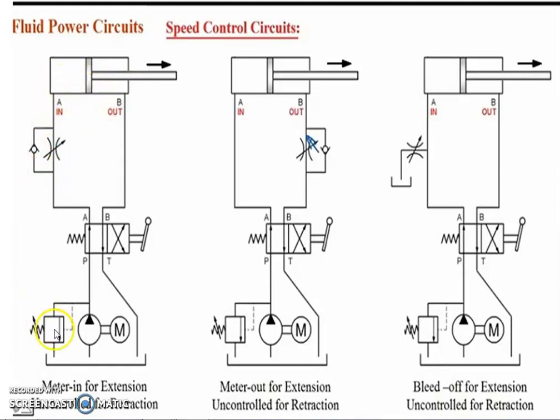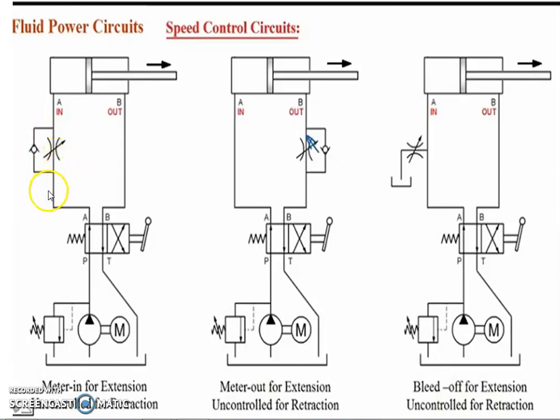So this circuit is called as meter in for extension. Means in first position of direction control valve, pressurized hydraulic oil flows from P to A, and then flows through this flow control valve. This is a non-return valve, check valve. Oil does not flow through this check valve. Oil should flow through this variable flow control valve.